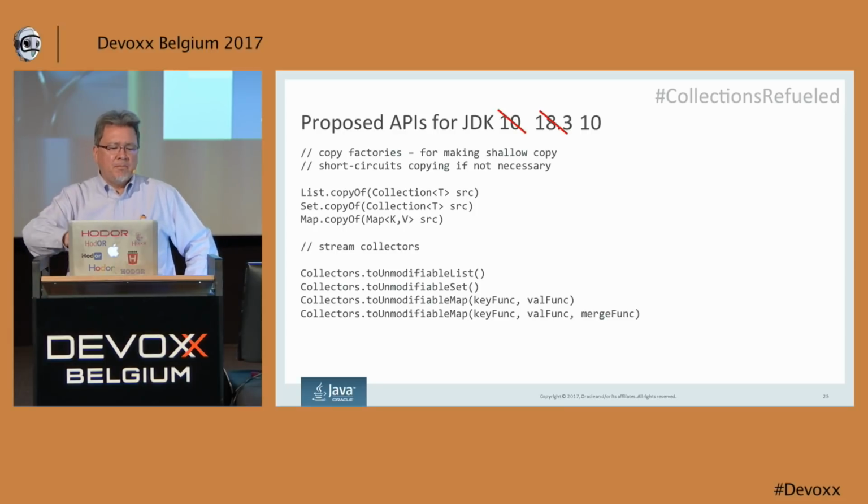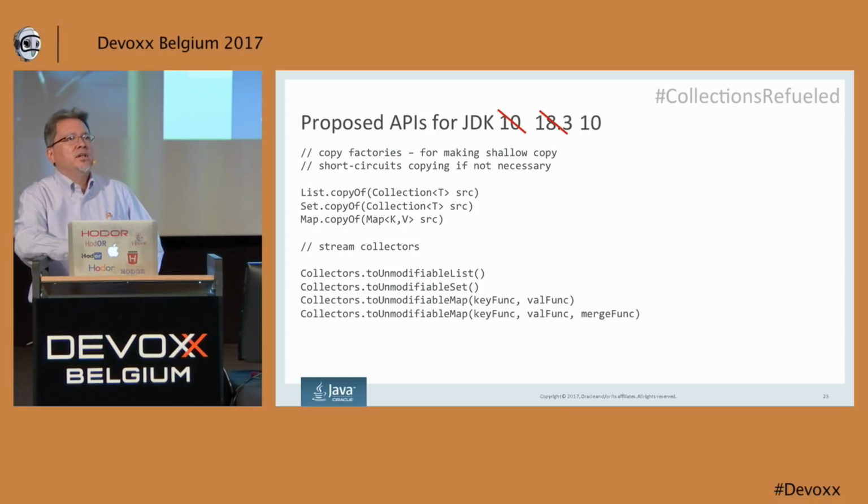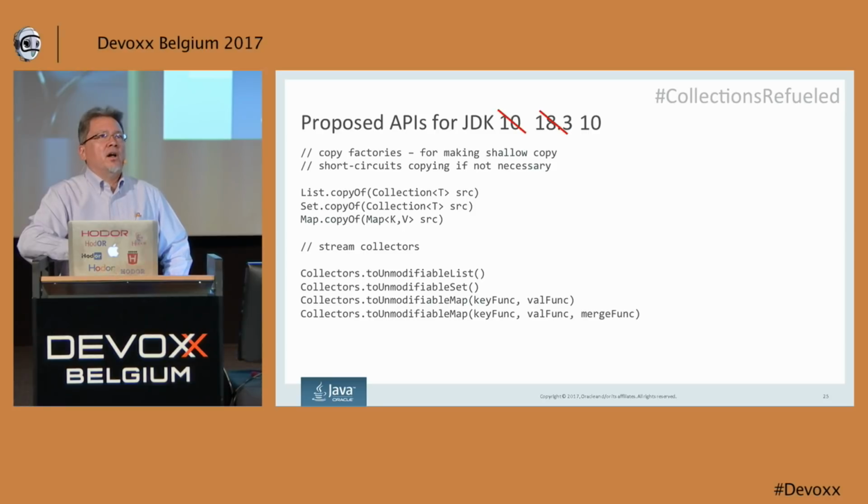One thing I'll mention: if you recall earlier I said that Set.of will throw an exception if it encounters duplicate elements, because the presumption is if you are writing these out by hand and they're duplicates, then you made a mistake. So that's why we throw an exception.